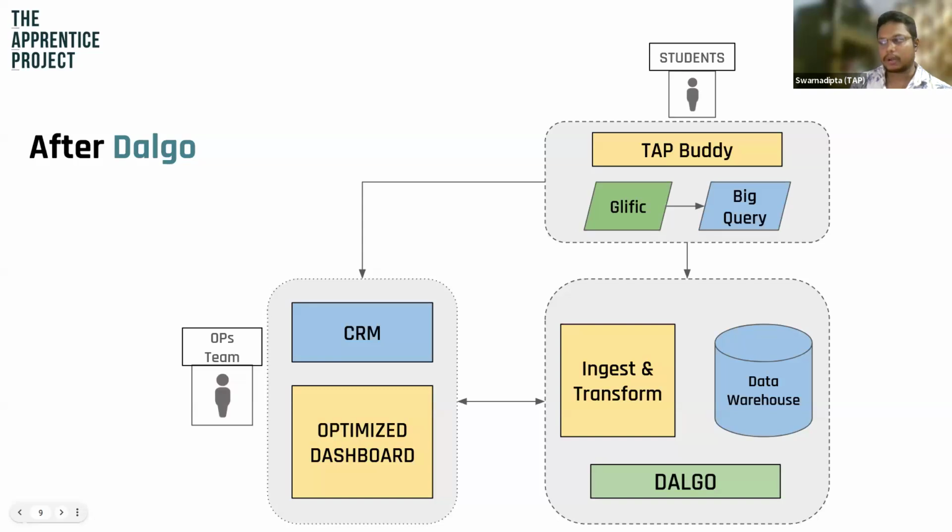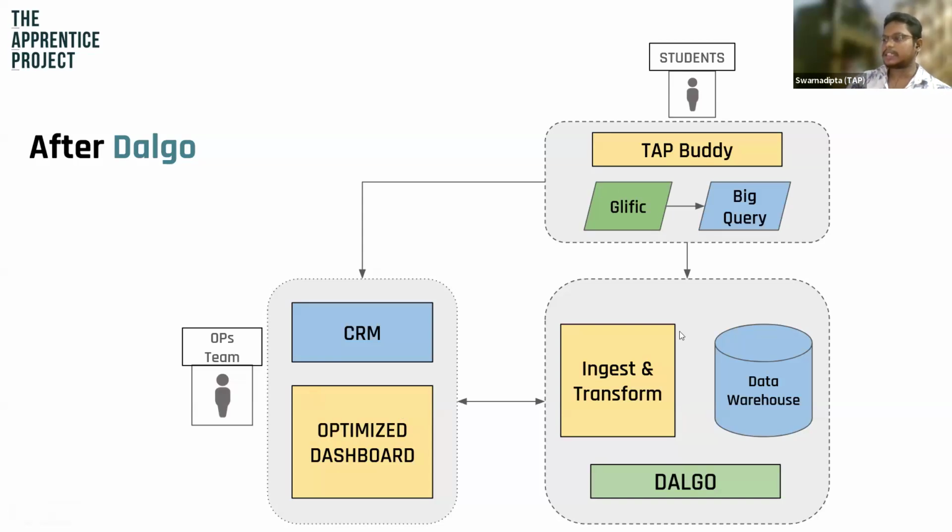So after Dalgo, how did Dalgo come into the picture and how is it still helping us in maintaining our systems? We have divided our entire procedure of Dalgo into two parts. First is the tab buddy, which is where the students interact. Students interact with tab buddy, which is supported by Glyphic, and the data again goes to BigQuery.